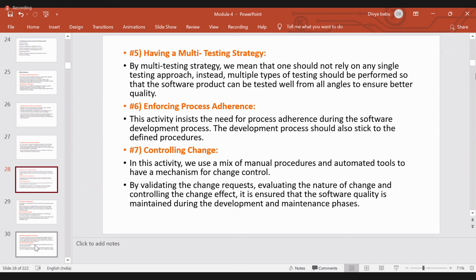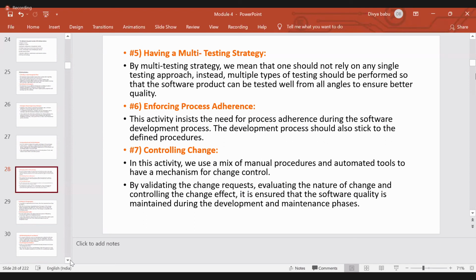You can control those changes which adversely affect other characteristics. That type of request you should not accept. Contradictory requests come under that category.